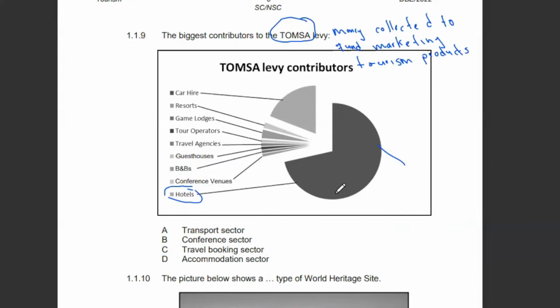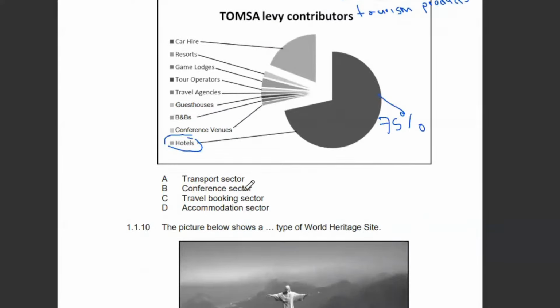It represents almost 75% of the total Tomsa levy. So in this case, our answer would be D, which is the accommodation sector.